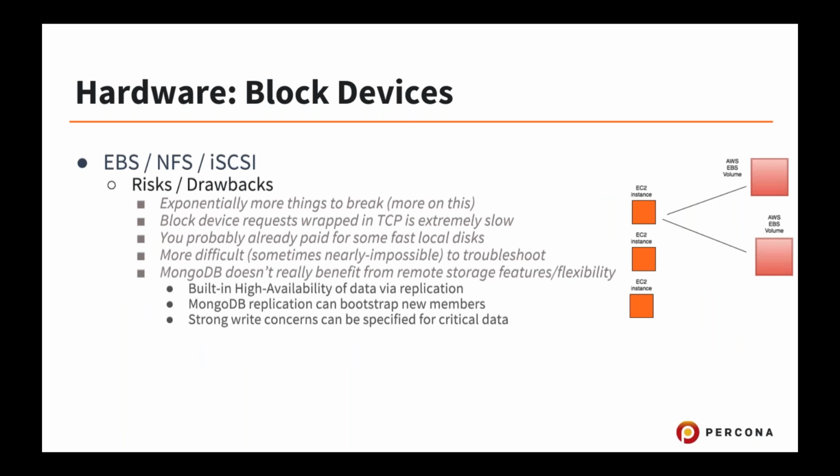This slide's really important to me because I see this a lot, which is detached block devices. This is a more common thing with other databases that don't really have good HA failover. Like MySQL, I'm not trying to knock MySQL, but it doesn't have quite the built-in failover that Mongo does. It was more common to see remote block devices on SANs or NFS or iSCSI with that database, or also maybe Postgres.